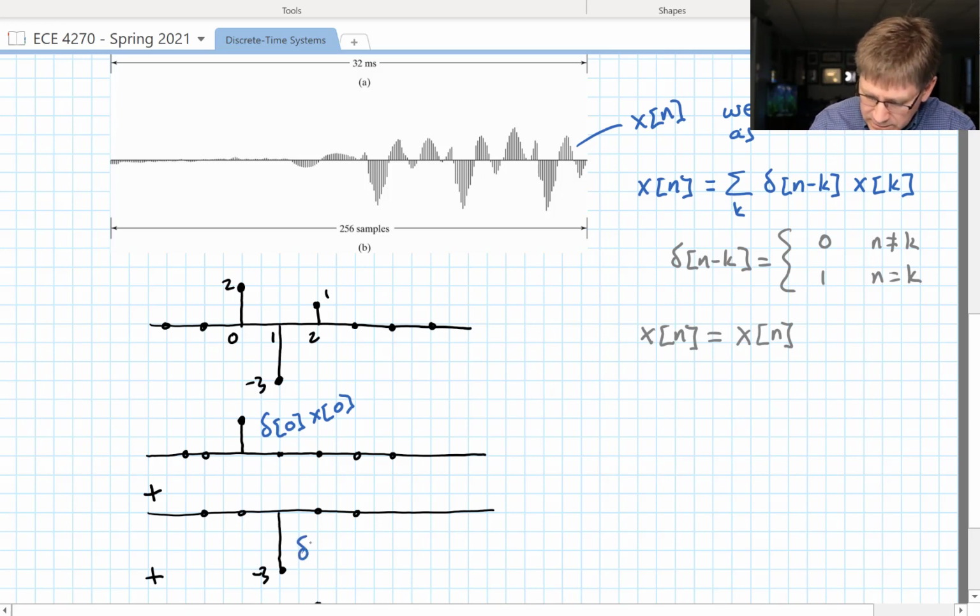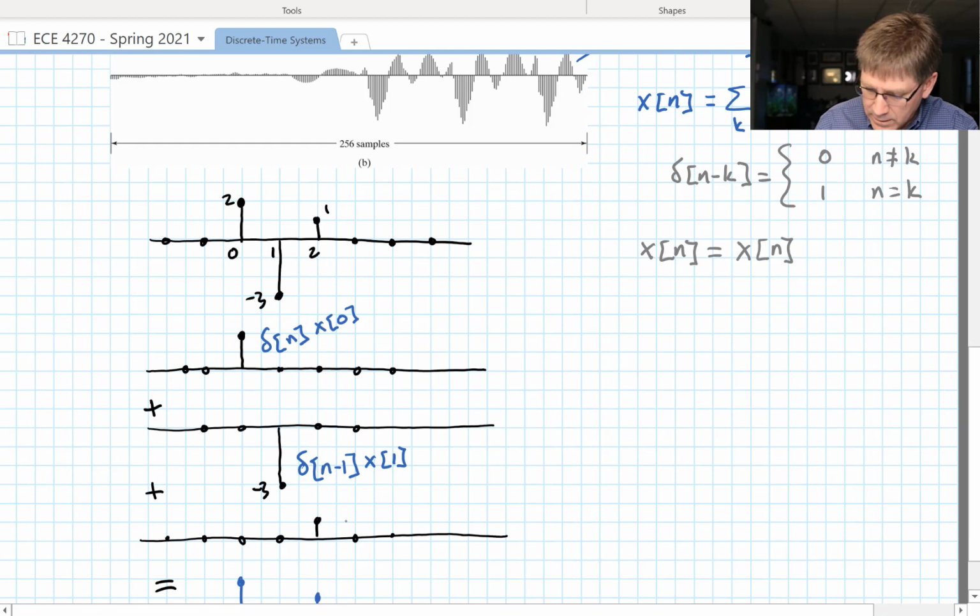And this is, I'm sorry, I misspoke. That's delta of n times x of 0. This is delta n minus 1 times x of 1. And the last one would be delta n minus 2 times x of 2.